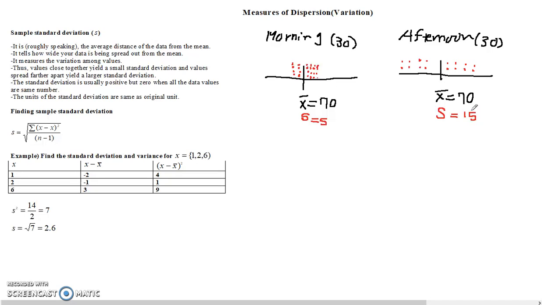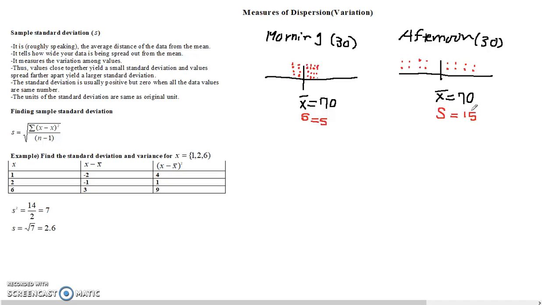Because the location of these data is going to be very important when we talk about normal distributions, correlation and regression. It comes into play every time. So the variation just tells us the spread of the given data. We have to remember that sample standard deviation and sample variance are simply the same thing, but the sample standard deviation gives you the smaller value.